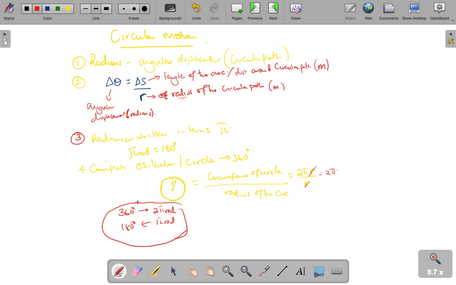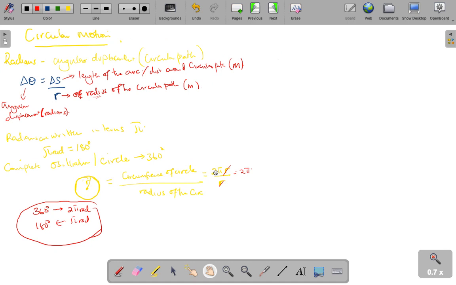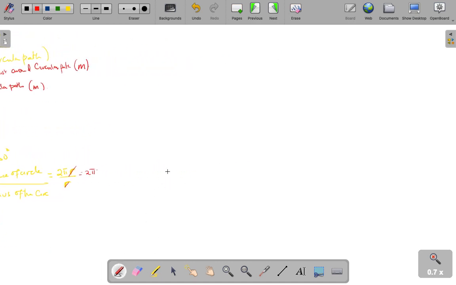This is the first part of circular motion, and I'll end it with a quick example to help you convert.